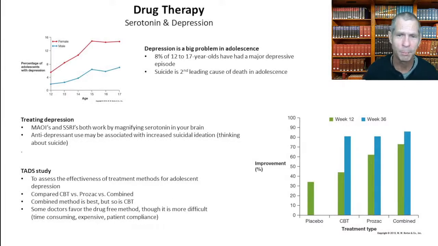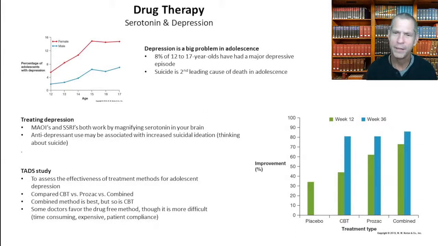The blue bars represent improvement after 36 weeks. Now, what we're comparing is cognitive behavioral therapy, which I talked a little bit about Tuesday, and then Prozac is a typical antipsychotic that is used.